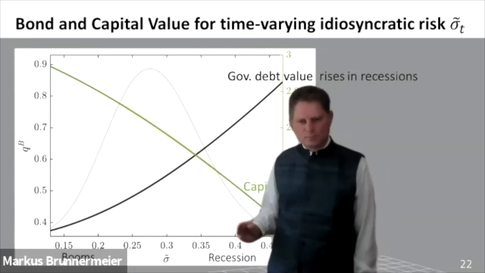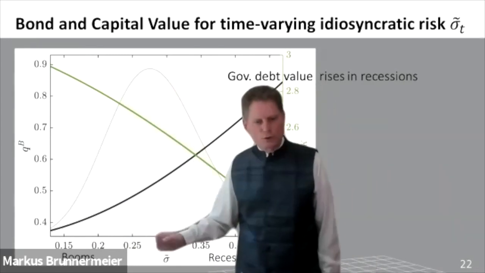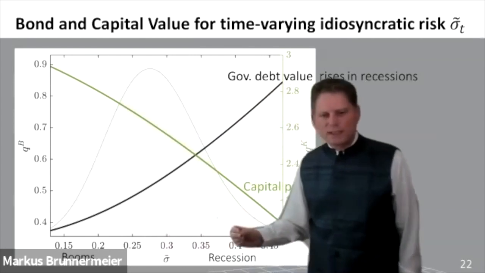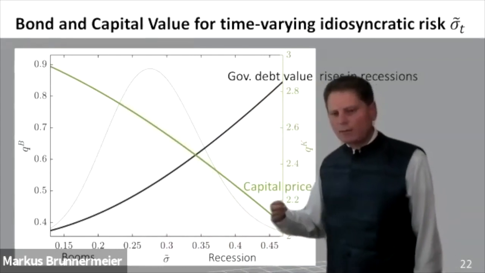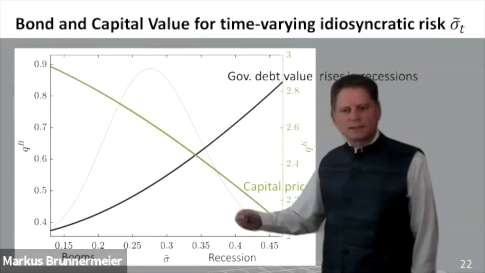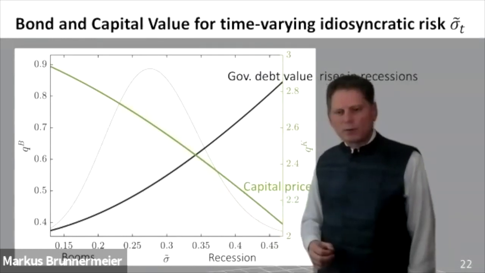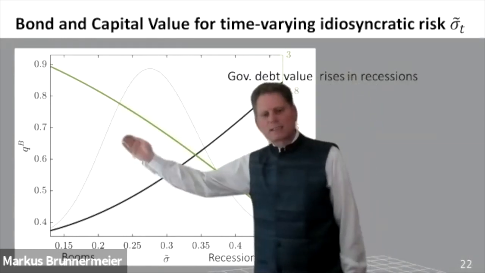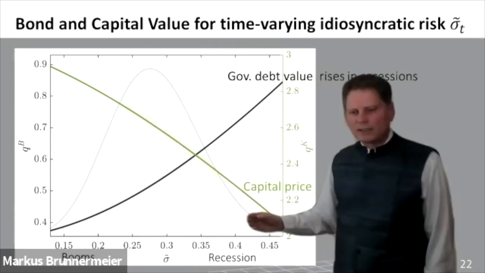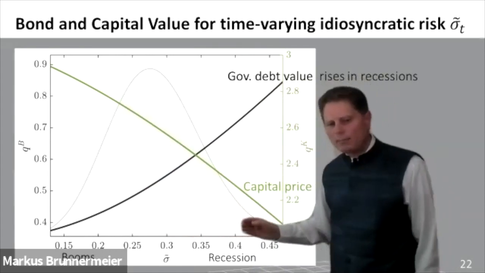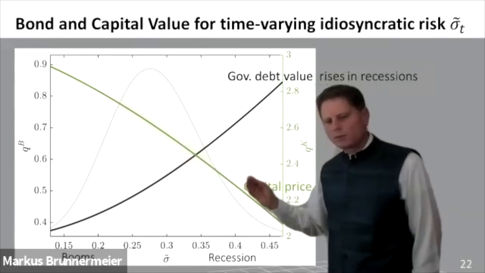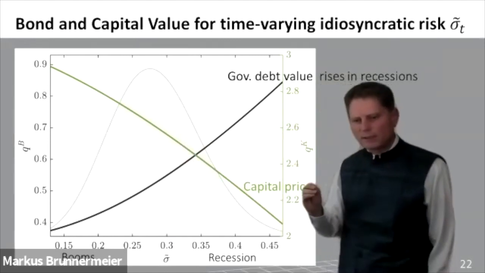But what I really want to show is that if you go into a recession, idiosyncratic risk becomes high. So capital is very risky to hold, and other things are risky; you might become unemployed. So the price of capital goes down. The more the risk goes up, the more the price of capital goes down. That's the green one here.